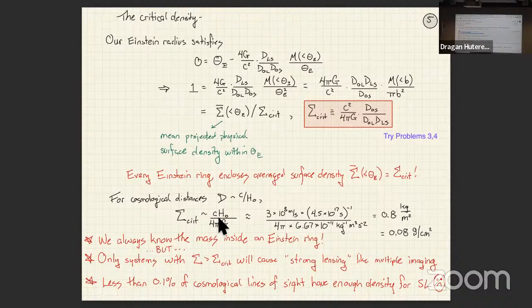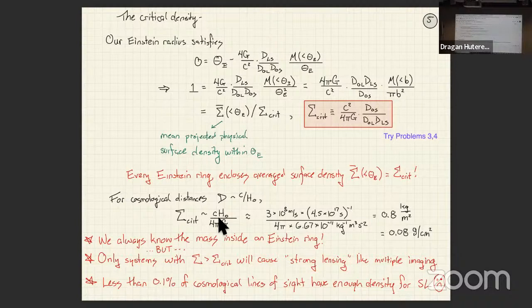And just to get a feel of this, let's do another problem, problem 3, where we're going to ask, what is the critical density if I have a gravitational lens that's at redshift 0.5 and a source behind it at redshift 1? And just to help you out here, there's a really nice function in AstroPy called angular diameter distance that will solve the lambda CDM cosmology Friedmann equations and tell you those distances.